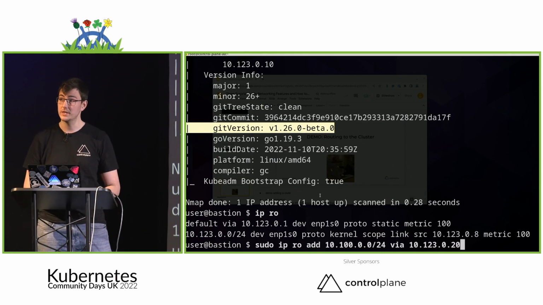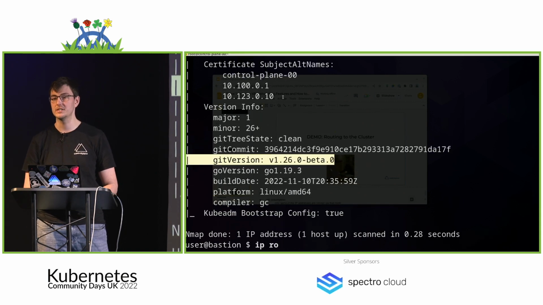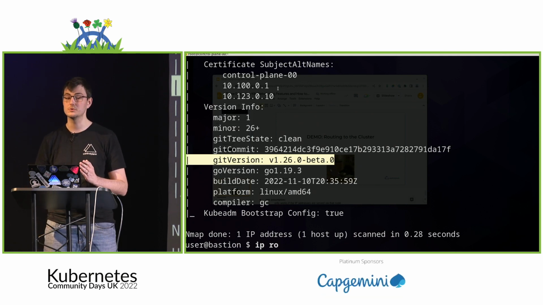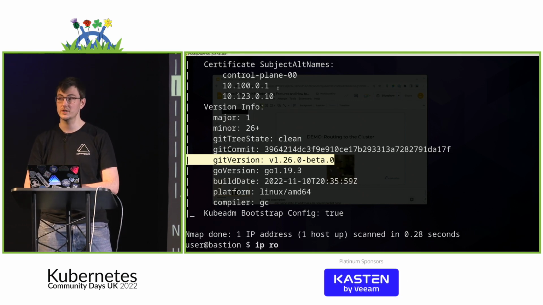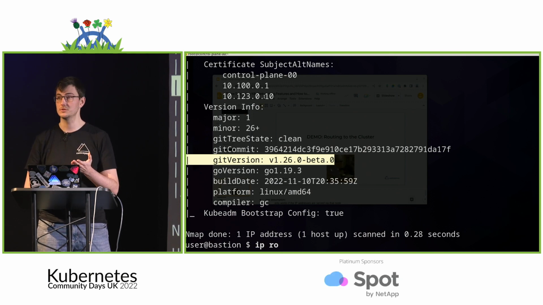Now what we're going to do is, based on these IP addresses up here, make some educated guesses about the network ranges in use by our cluster. We know to a certain extent that one of these IP addresses is in our service range in our cluster, and the other is going to be on the physical network that the nodes are at.